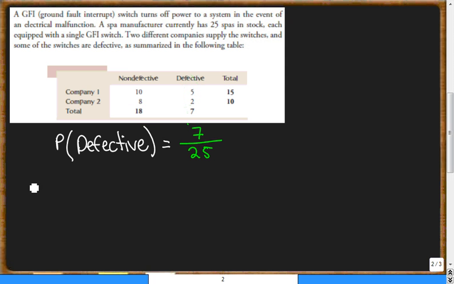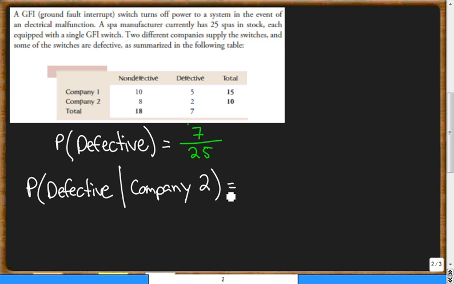So what about if I said the probability that it is defective given that it comes from company 2? So now, again, this is our given, which means it is in a sense our denominator.